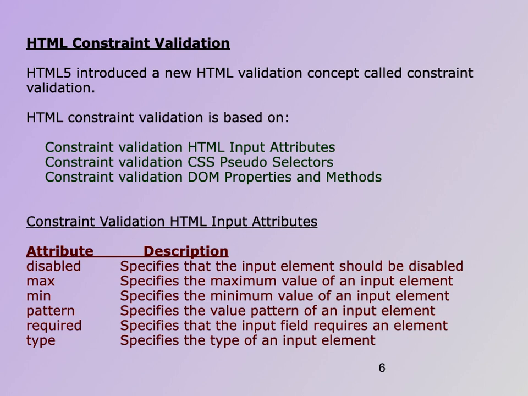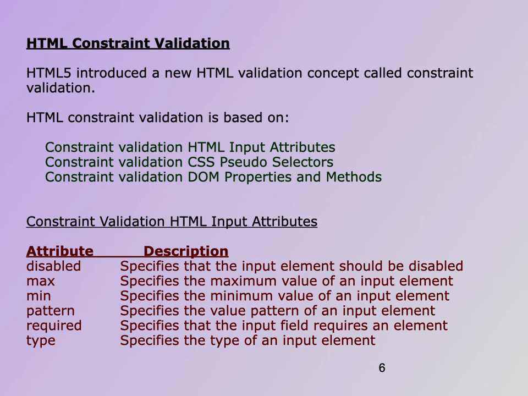Then the second validation, constraint validation CSS pseudo selectors. And the third one, constraint validation using DOM properties and methods. See, these are the three different constraint validations. First we will see constraint validation using HTML input attributes.